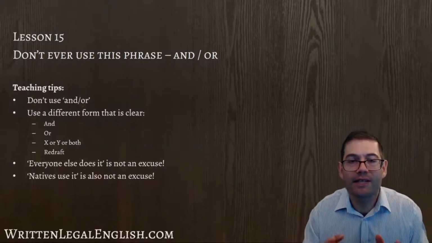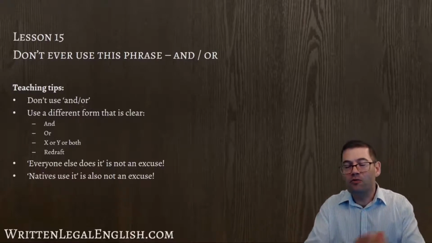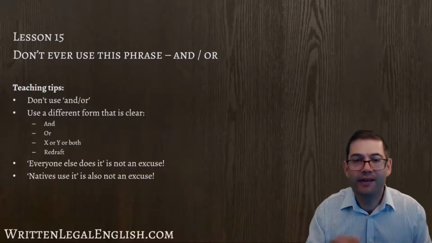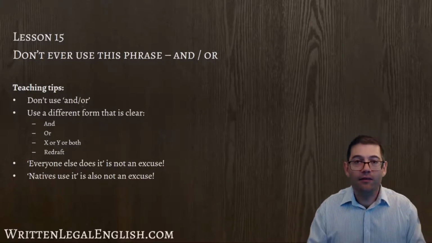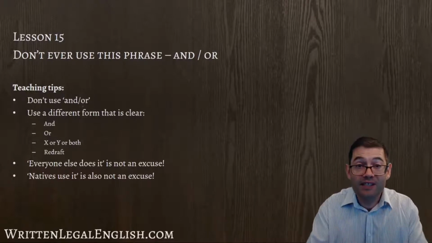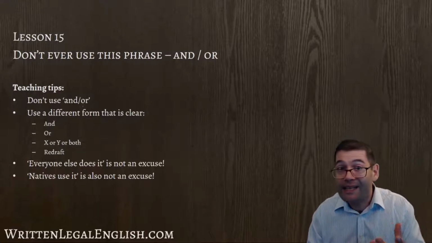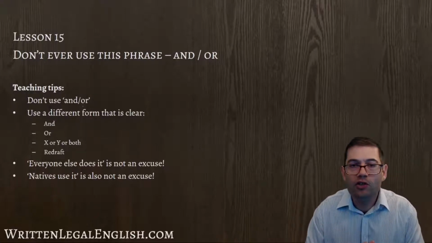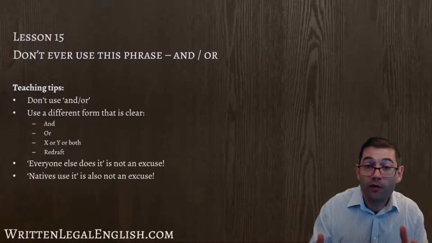So what are the teaching tips? Well, hopefully I've made it clear. Never use and/or. Use a different form which is clear, which is really what you want to say, which means you have to think about your message. Do you want to say and? Do you want to say or? Do you want to maybe give a choice, which is X or Y or both?